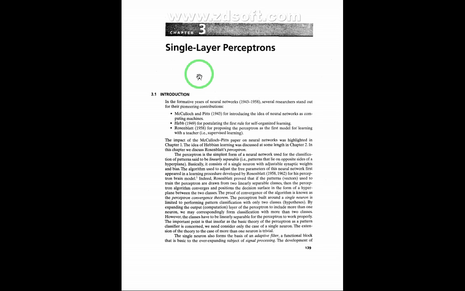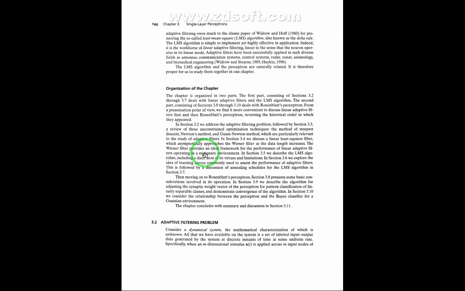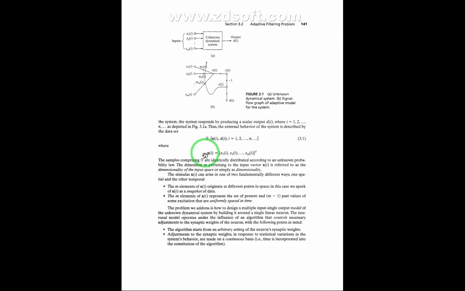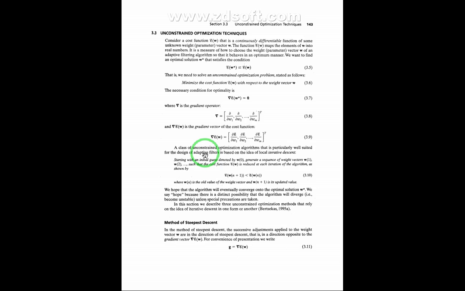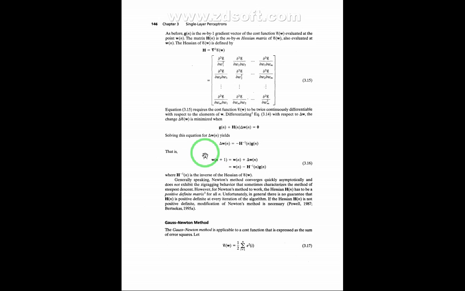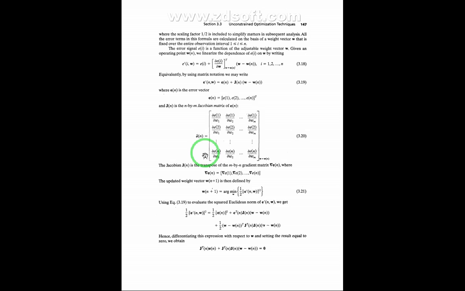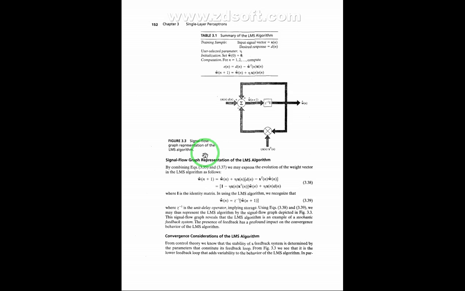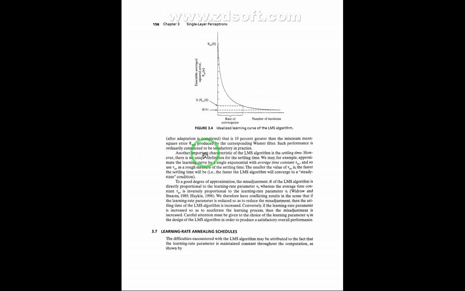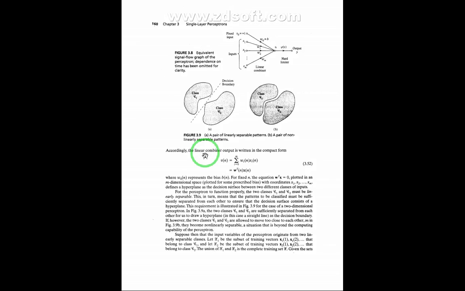Single layer perceptron, this is the topic of this chapter. If you like, you could just view what is going on in this chapter, and you can read the material in chapter 3, which introduces the single layer perceptron.